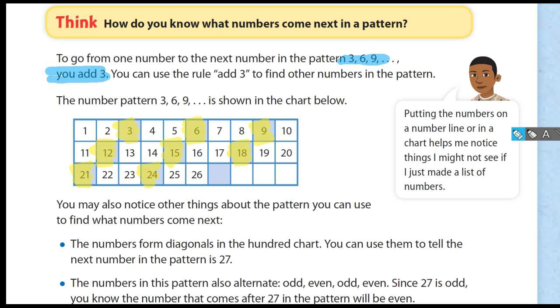Whoops. 27. Then it's 28, 29, and then 30. So that would be my other number right here. So that would be my pattern, just like that. Counting by 3s.